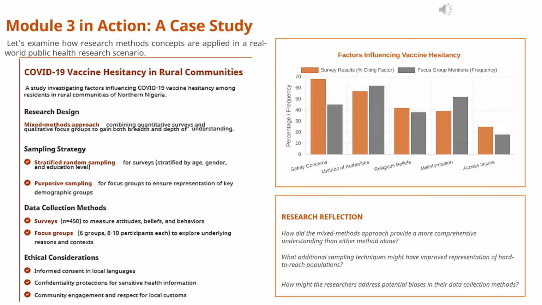Then the findings could inform a public health campaign to address vaccine hesitancy. So this case study illustrates how different methodological components integrate to address a complex public health issue. And this will be very important in your seminar assignment.